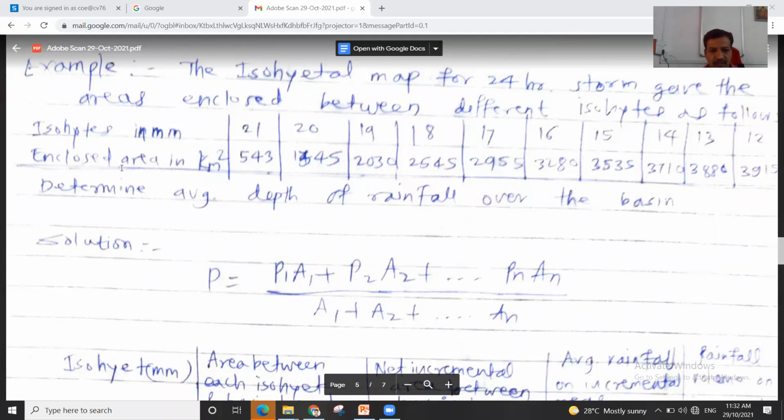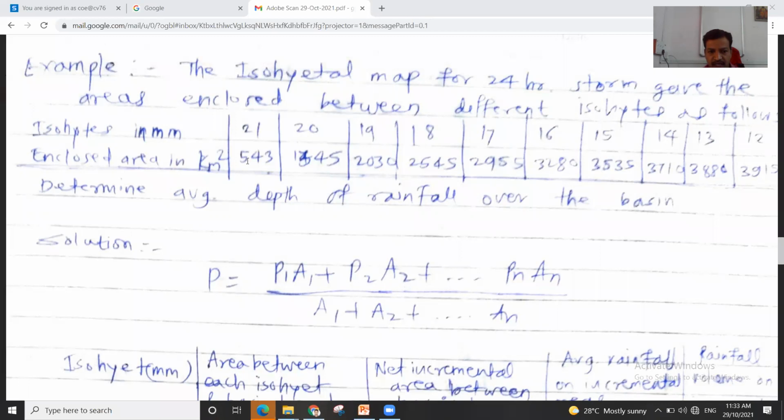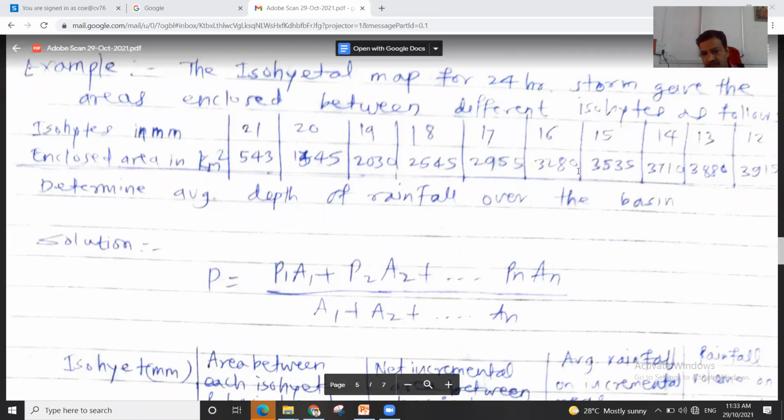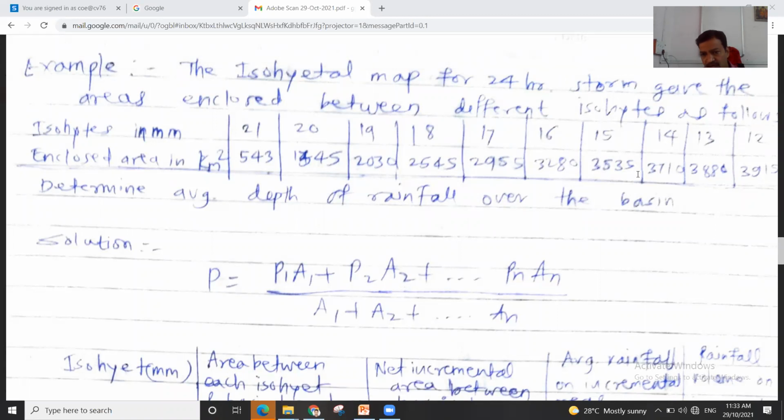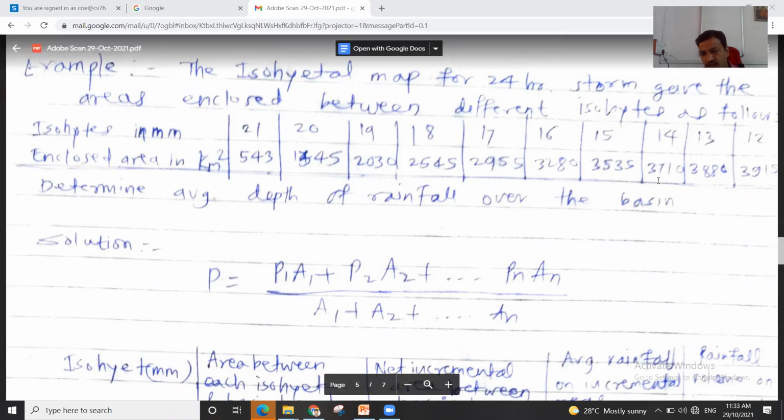Then corresponding to that, areas enclosed between that isoids is given in kilometer square. 21 ला किती आहे 543, 20 ला 1345, 19 ला 2030, 18 ला 2545, 17 2955, 16 ला 3280, 15 ला 3535, 14 ला 3710, 13 ला 380 and 12 ला 3915.